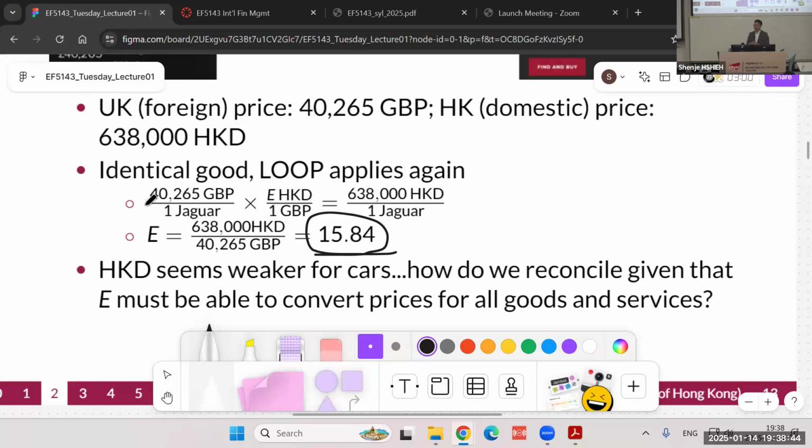With that in mind, that allows us to reconcile what E should be and what it represents. If I accept Hong Kong dollars, that means I have purchasing power for an average basket of goods produced within Hong Kong. If I own US dollars, I have access to goods and services being produced in the United States.